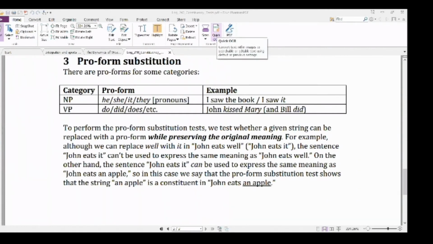Yes. So when you can make that word an answer of a question, that is a constituent. So in this case, I is also a constituent.